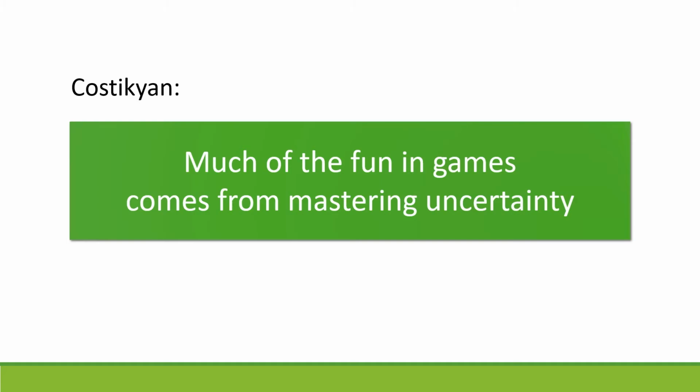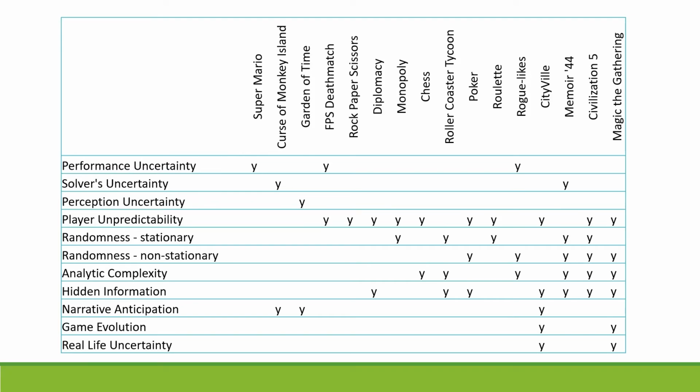Another element which is interesting is this idea of layering of mechanics and layering of uncertainty. We can see that as we go through these examples, the combination of different kinds of mechanics, different kinds of uncertainty start getting more and more complex.